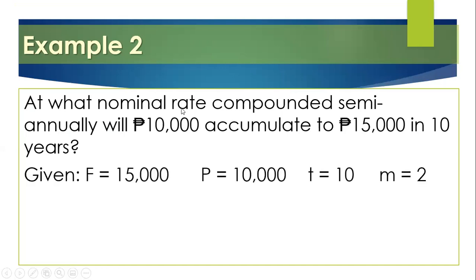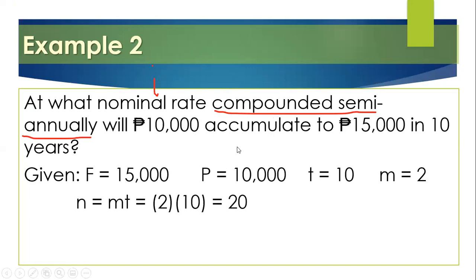So let's compute for the nominal rate, yan yung I. Okay, so F is equal to 15,000, P is 10,000, T is 10, M is 2. Bakit po M is 2? Kasi compounded semi-annually. So N is equal to M times T, that is 2 times 10, that will be 20.